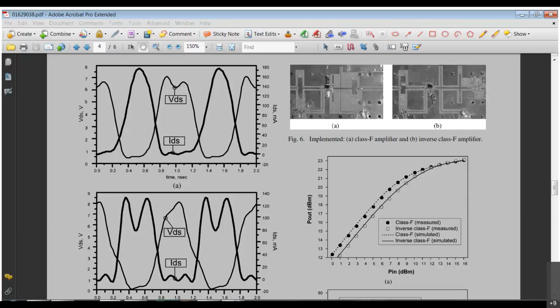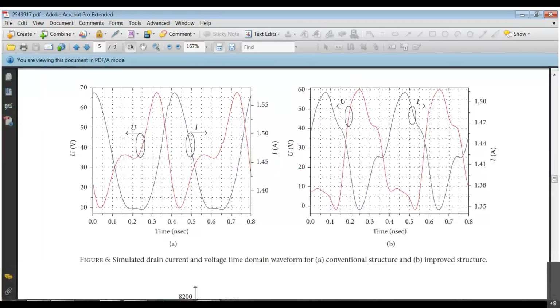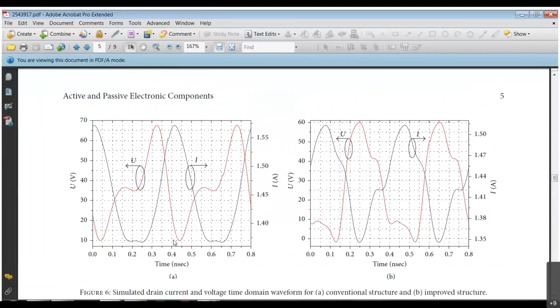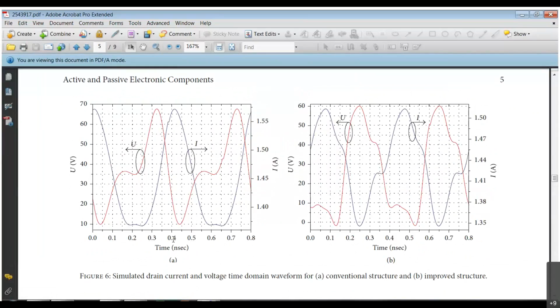Okay, so one more result I would like to show and then stop. So are you able to see this third PDF file? Yes, sir.